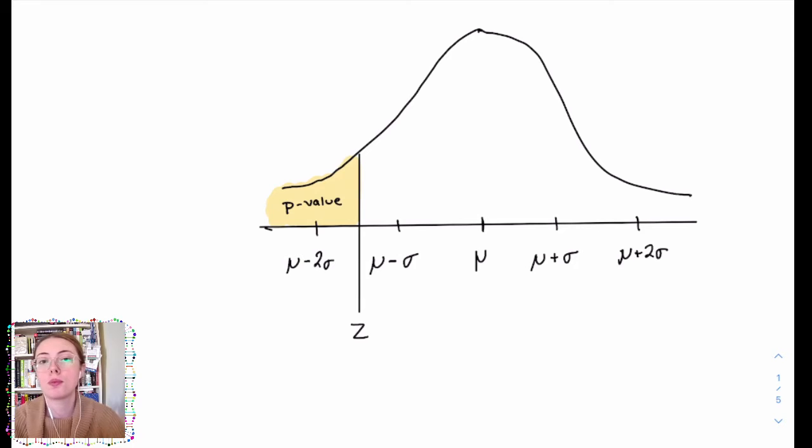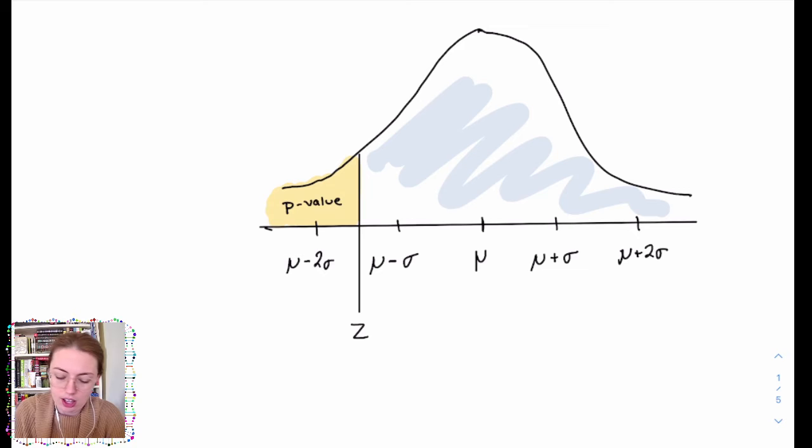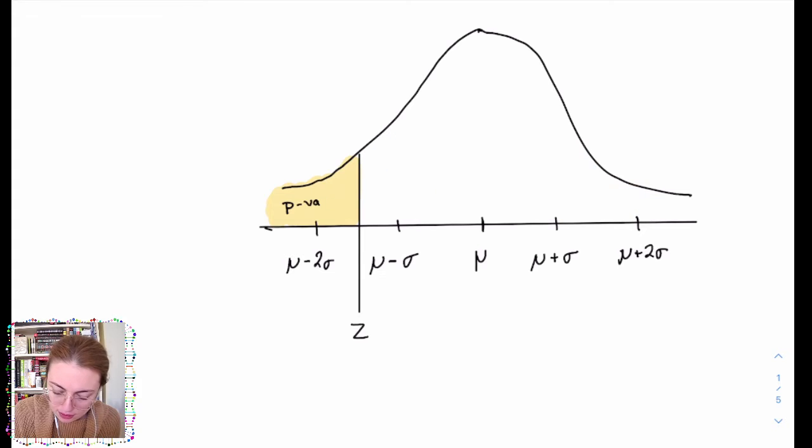It's defined as the probability that a given score will be less than that z-value. You could also have the corollary, so if you look at this entire area, that's defined as 1 minus your p-value, and that's defined as the probability of getting a result that's higher than your calculated z.